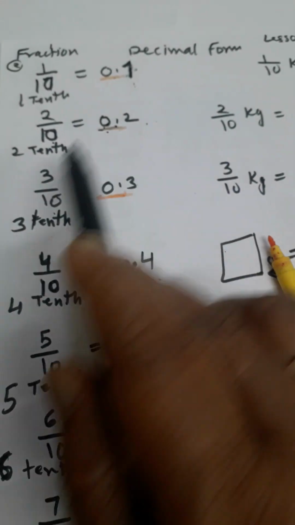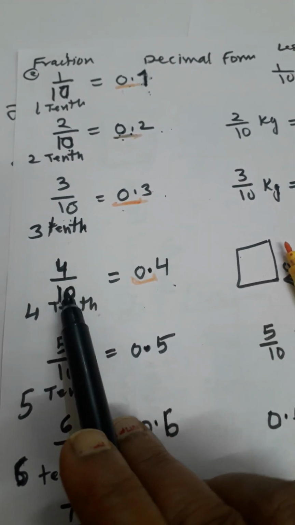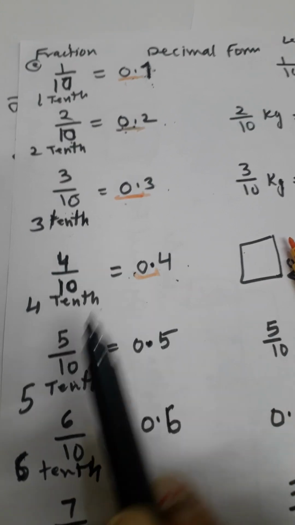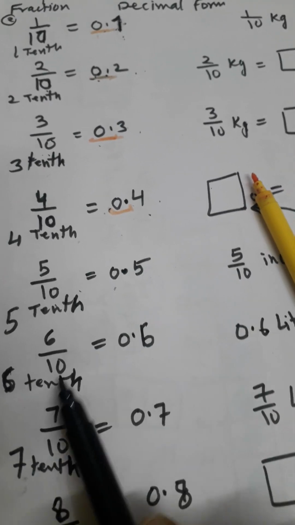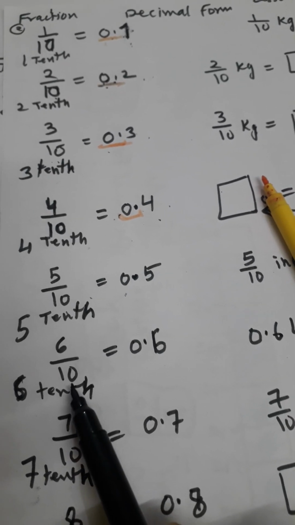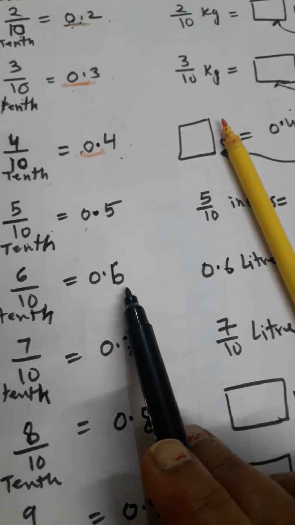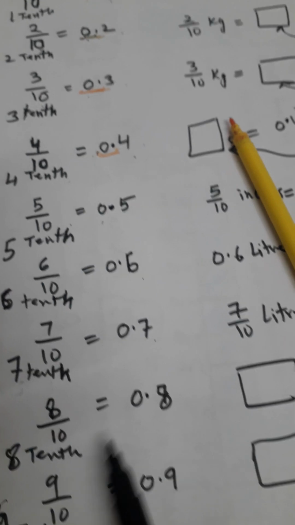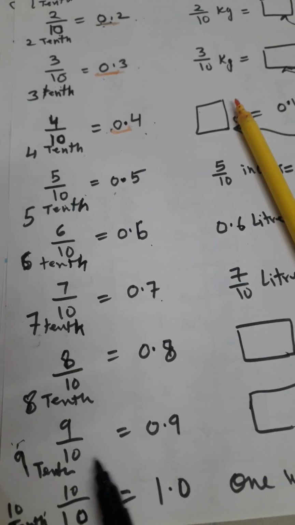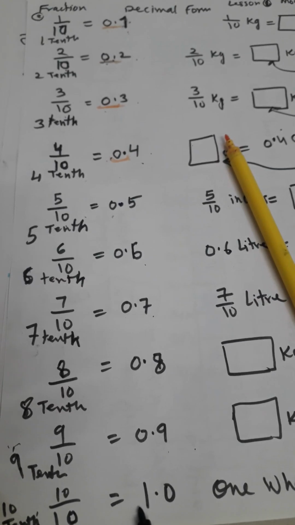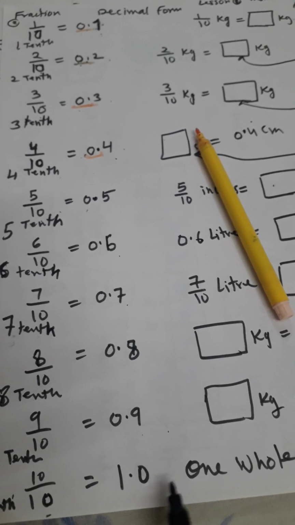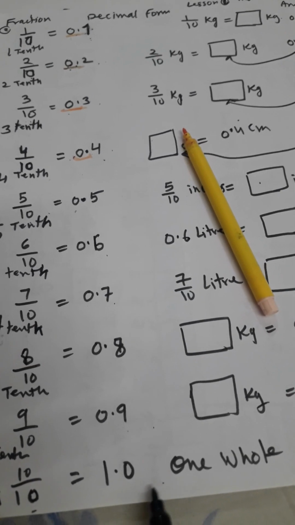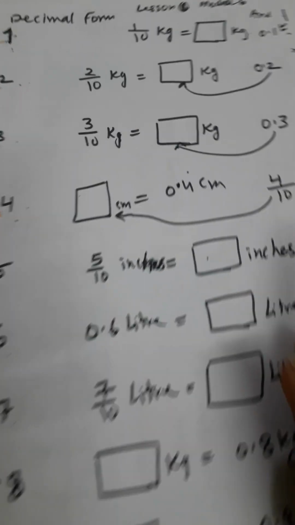Yes, 0.2. 3/10, 0.3. 4/10, 0.4. 5/10, 0.5. 6/10, 0.6. 7/10, 0.7. And 8/10 is equal to 0.8, 9/10 is equal to 0.9, and 10/10, when we write it in decimal form, we will write 1.0.